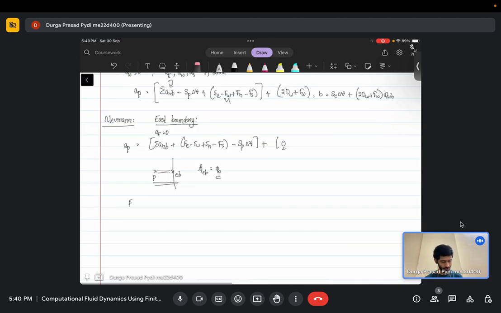So maybe I'll write the equation. You essentially have phi east minus Fw phi W. Say in our particular case we don't have east and west terms, we just have north and south.